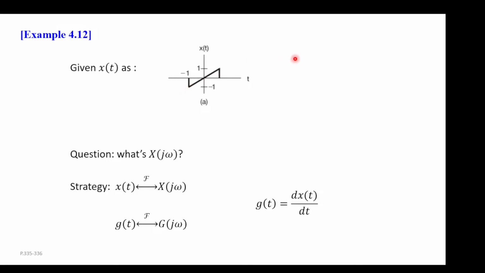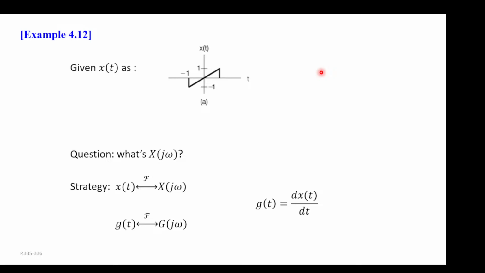So you have the slope 1, and it's 0 when t is negative, and at -1 it suddenly jumps to -1, and then goes with the slope to +1 and jumps to 0 when t is bigger than 1.